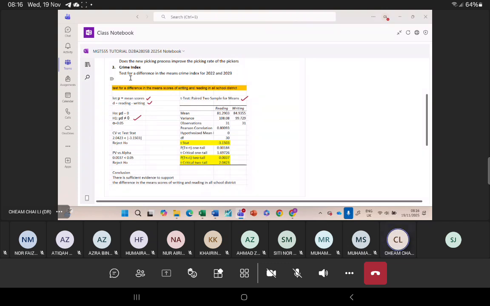Probably Hana's group used writing minus reading. So either is fine, as long as you define it correctly. You can use both ways. Whether reading minus writing or writing minus reading, the output is the same. The difference is that the t-test value is either positive or negative.